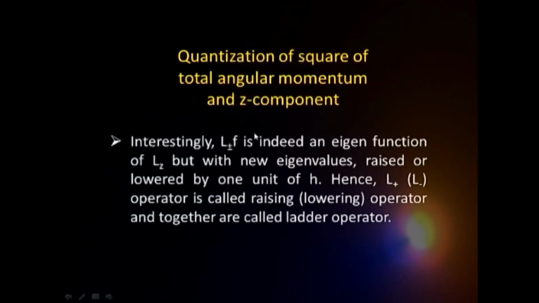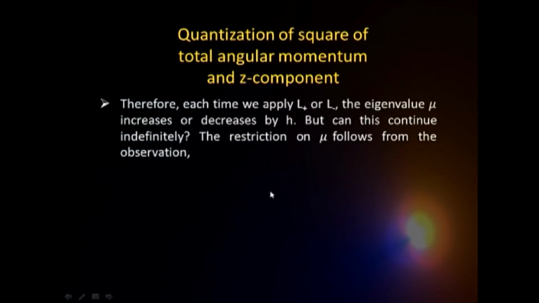And we have seen that for Lz the values are being changed, but for L square the value remains the same. As there will be a series of values for the eigenvalue of Lz, can we have a limitation? Can we have something which determines the upper limit and the lower limit? That is important, because we cannot have an infinite series of values. So, how do we find it out?